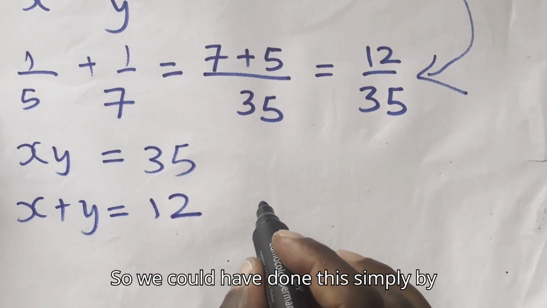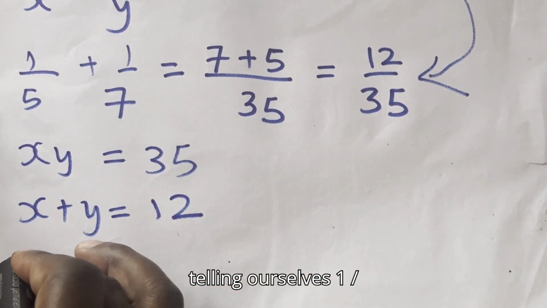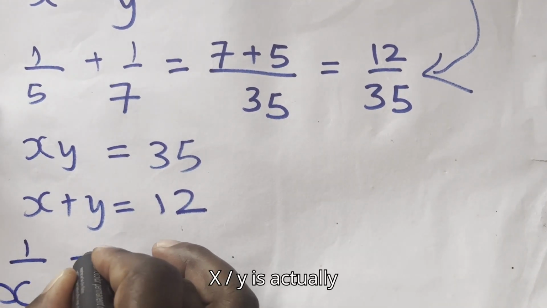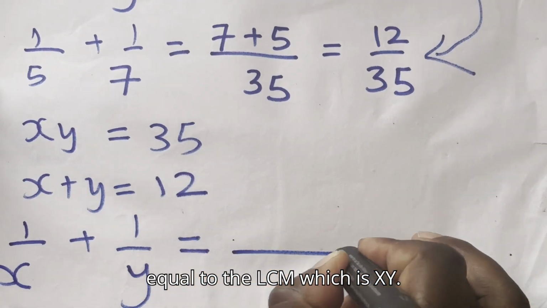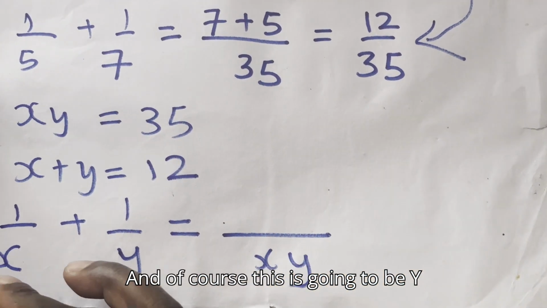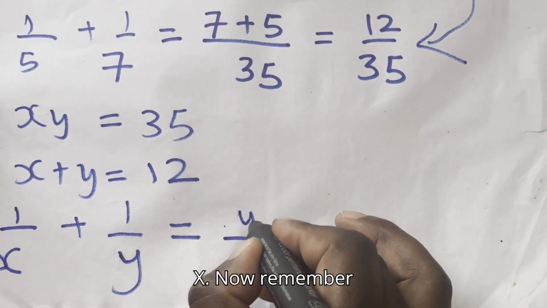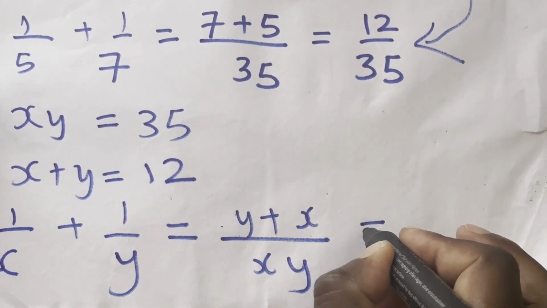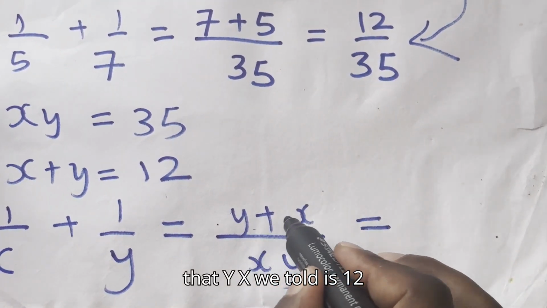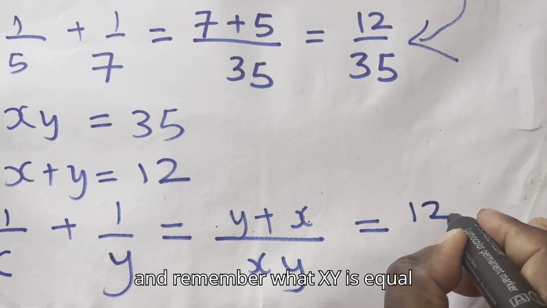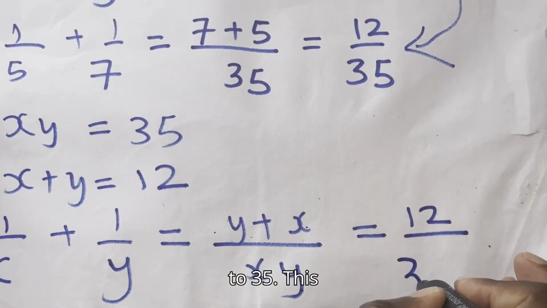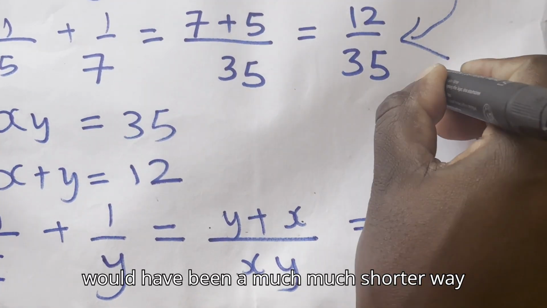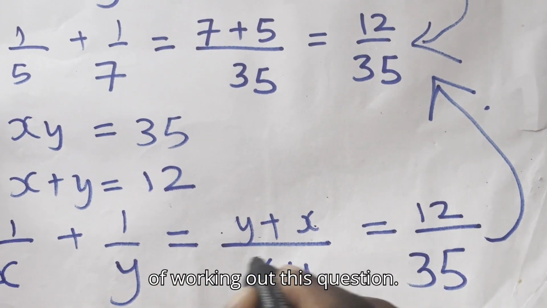So we could have done this simply by telling ourselves 1 over x plus 1 over y is actually equal to the LCM, which is xy, and of course this is going to be y plus x. Now remember that y plus x, we were told, is 12. And remember what xy is equal to, 35. This would have been a much shorter way of working out this question.